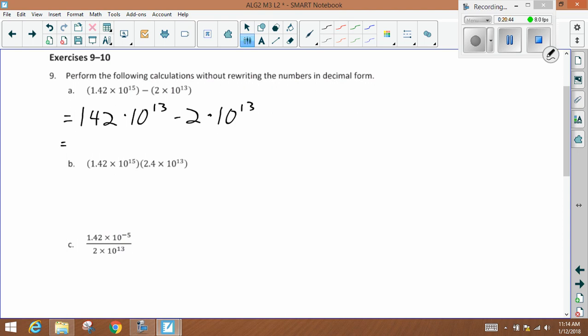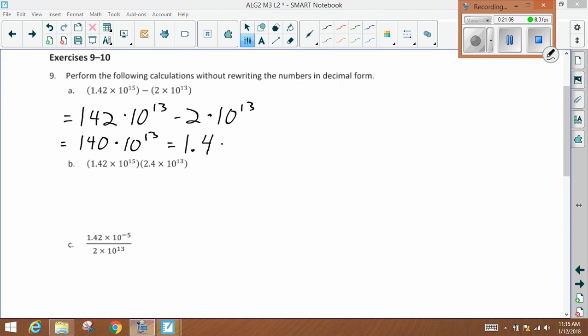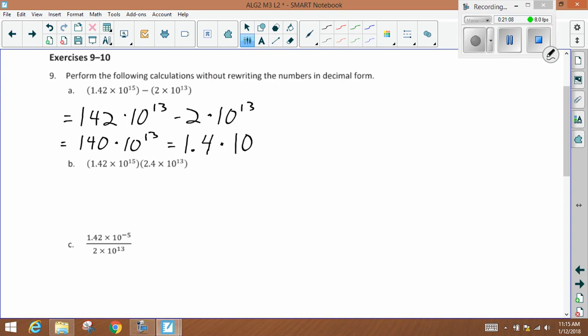So that's going to be 140 times 10 to the 13th. And then we need to move the decimal back by moving that to 1.4 times 10 to the 15th, since we move that over.